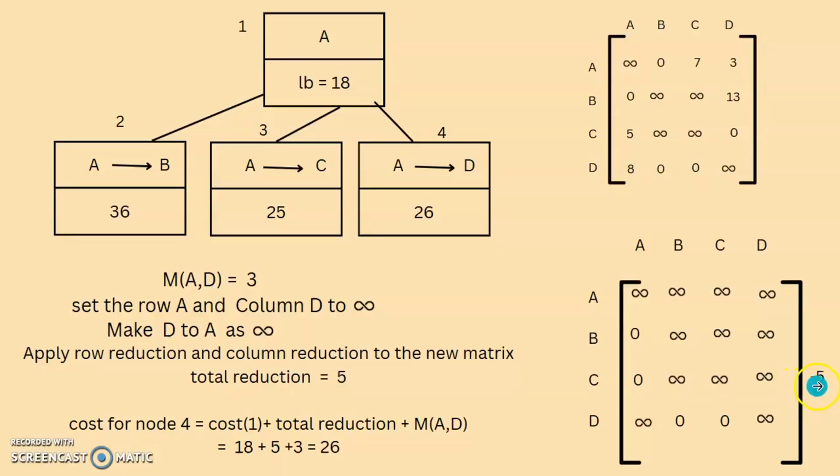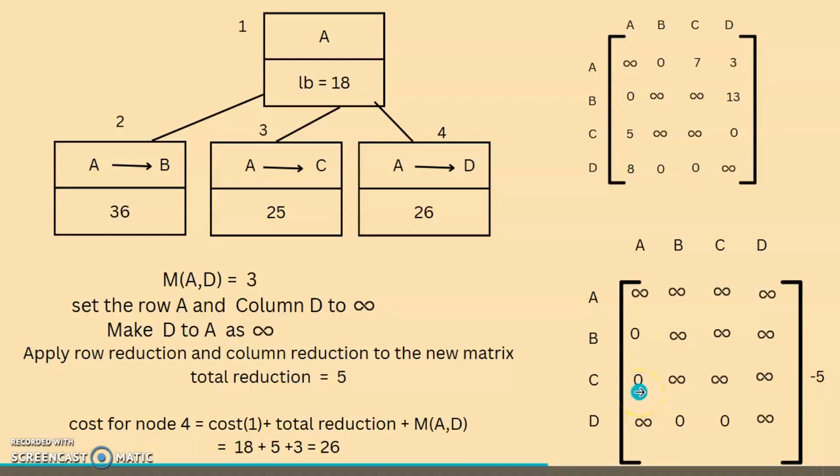So when you subtract by 5, this element will become 0, and fourth row already contains a 0. And column reduction, the first column contains a 0, second column contains a 0, third column contains a 0, and fourth column all the values are infinity, so no column reduction required here. So what is the total reduction value? So we have to take the absolute value of this, that is 5.